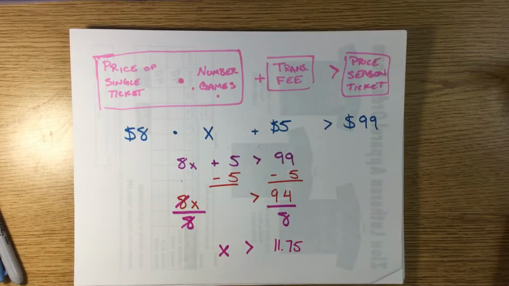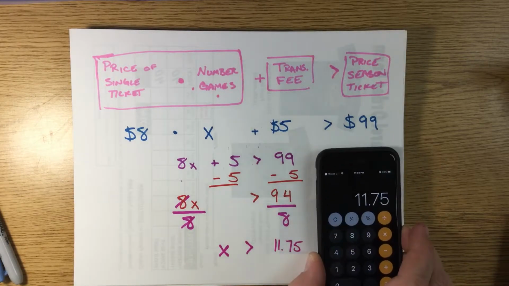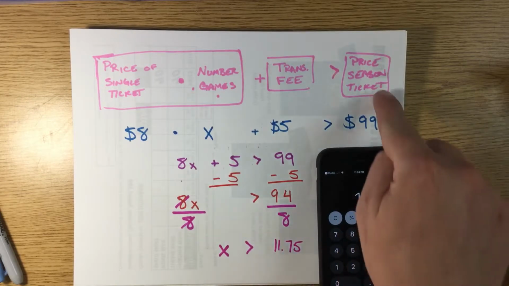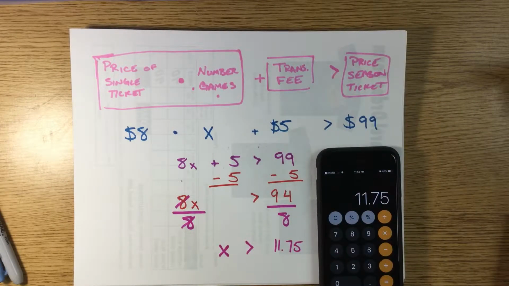So my question again was, how many games does it take to make it worth the season ticket price? If I go to 11 games, 11 is not greater than 11.75. Obviously, I can't go to 11.75, or I could, but I'm still going to have to pay for the full price of that last game.